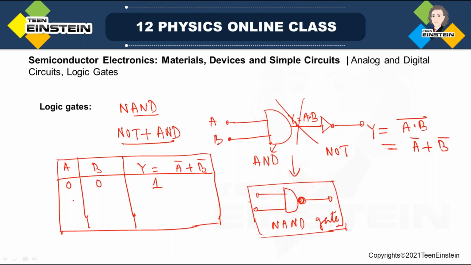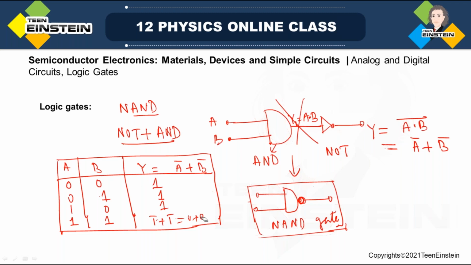Now you look, if you have 0 1, then for A you get 1, and for B you'll get 0. So finally you'll get 1 only, high state only, right? Now if I write this as 1 0, then also you'll get high state. If I write 1 1, that means you get 1 bar plus 1 bar, so both are 0, 0 plus 0, you'll get 0 output.